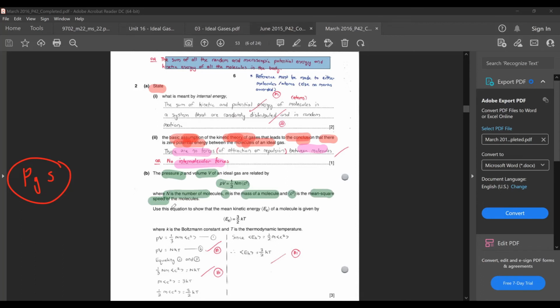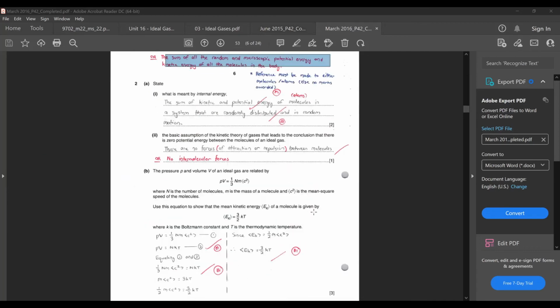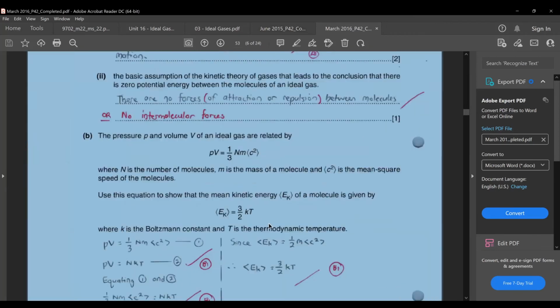Use the equation to show that the mean kinetic energy of a molecule is given by this. How do you show that the mean kinetic energy of a molecule is given by this? We actually did the derivation 10 minutes before this. Okay, so we can actually do this.